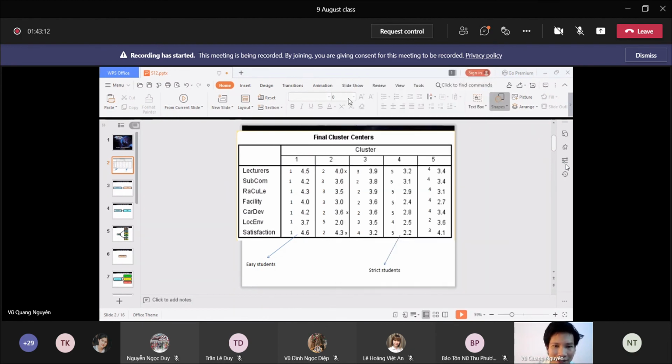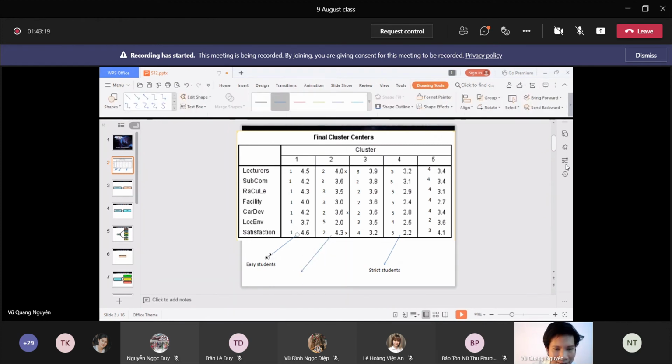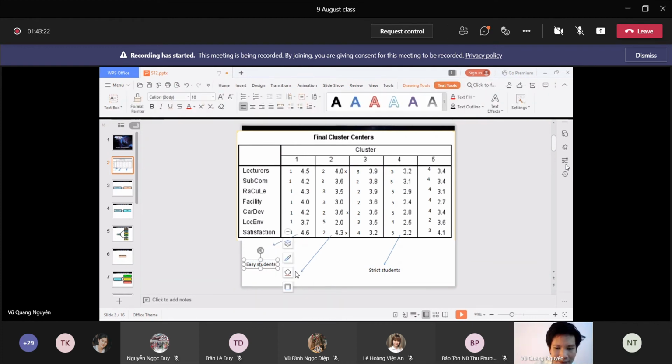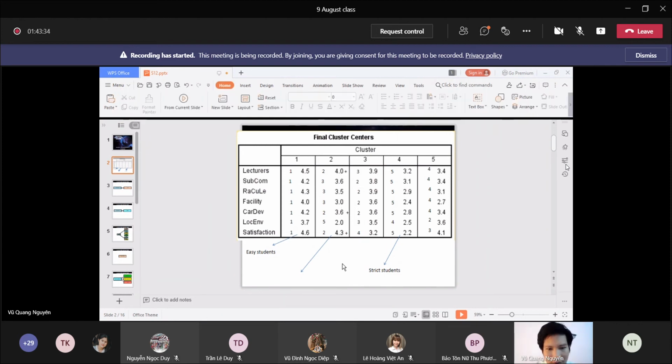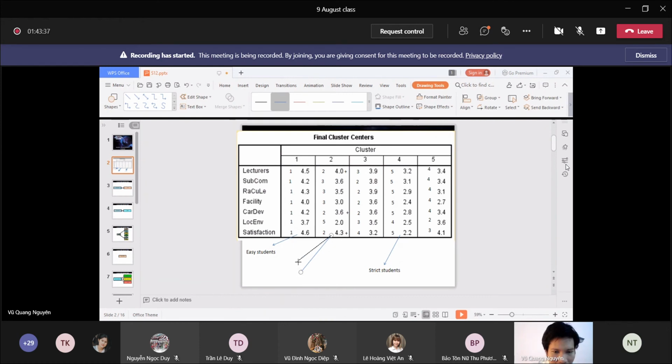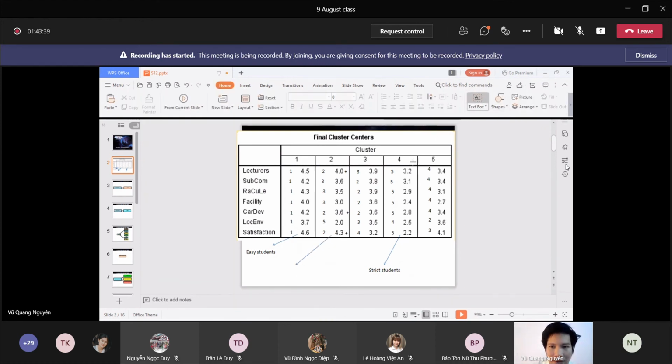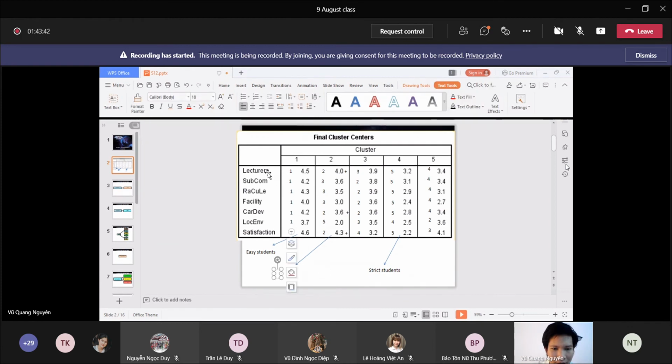You can see what really drives them: lecturers, career development, subject complexity, rationality of curriculum length, facility.